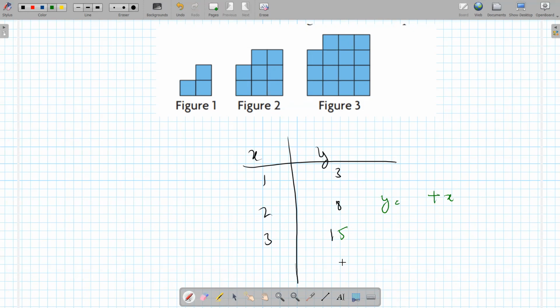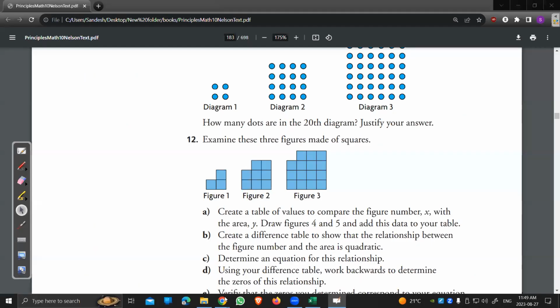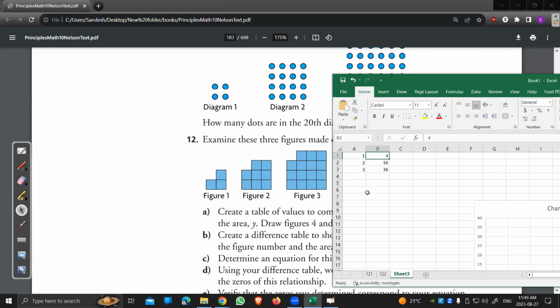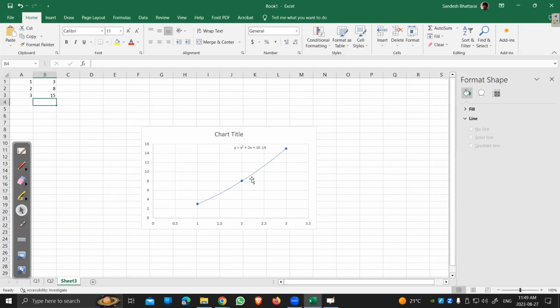Any ideas about a pattern? Don't worry about it. Let's see what it spits out. You can just change this, right? I told you this. You can just change it, and it's gonna change it in real time. So 1 was 3, 2 was 8, 3 was 15. And there you go.